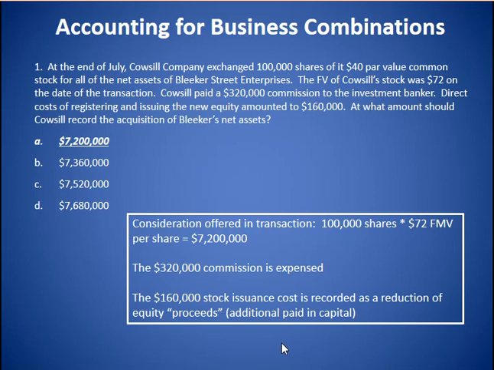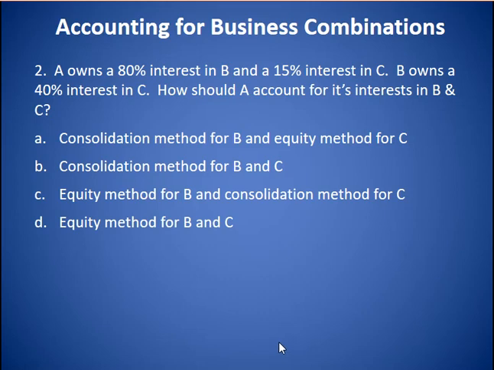Let's try number 2. A owns an 80% interest in B and a 15% interest in C. B owns a 40% interest in C. How should A account for its interest in B and C? And we're given a couple of different methods of doing it.